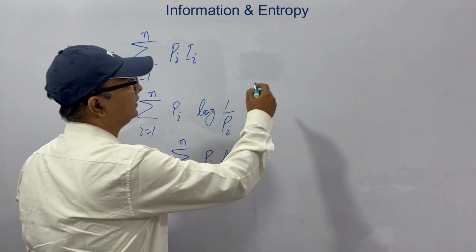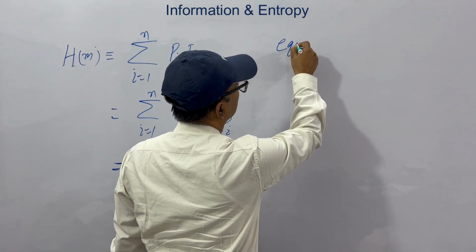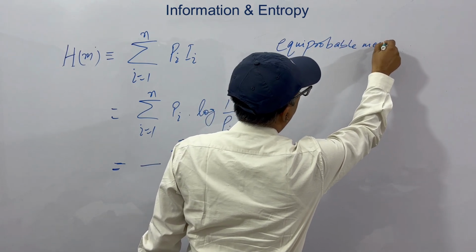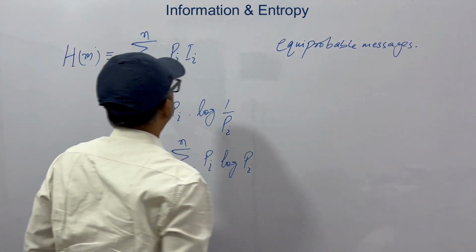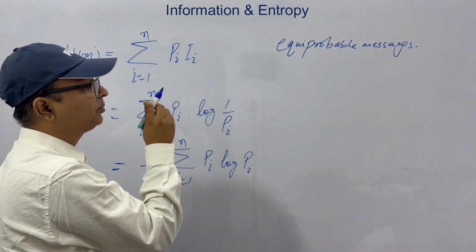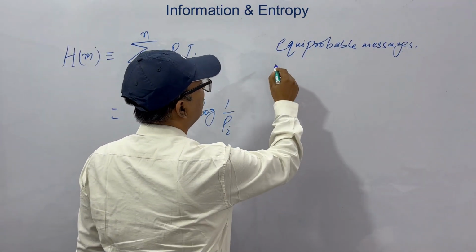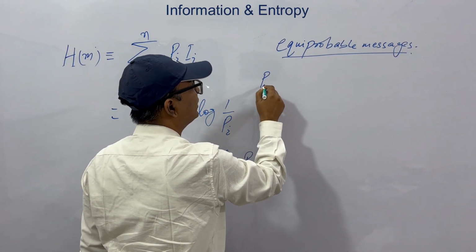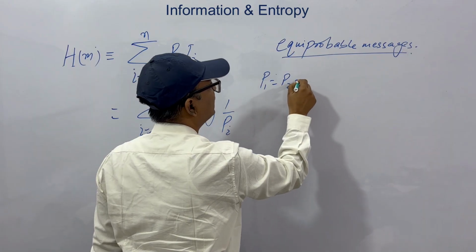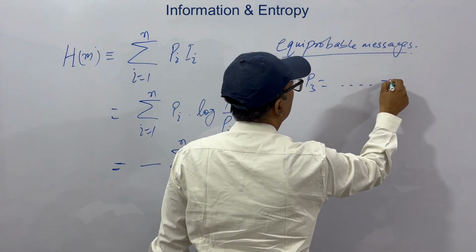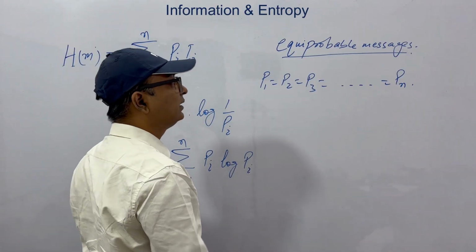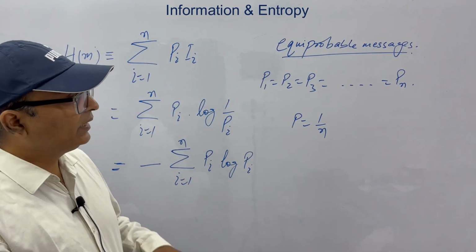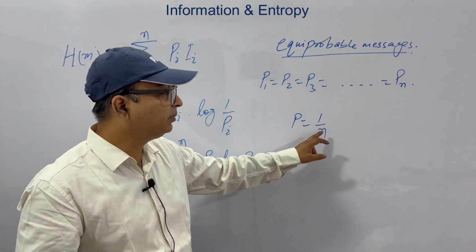Now another term, equiprobable messages. We just saw we had M1, M2, M3 with probabilities P1, P2, P3 and so on. Equiprobable messages means that the probability of each message is the same, that is, P1 is equal to P2 is equal to P3 and so on up to Pn. In that case, the probability of each message will be 1 by n.